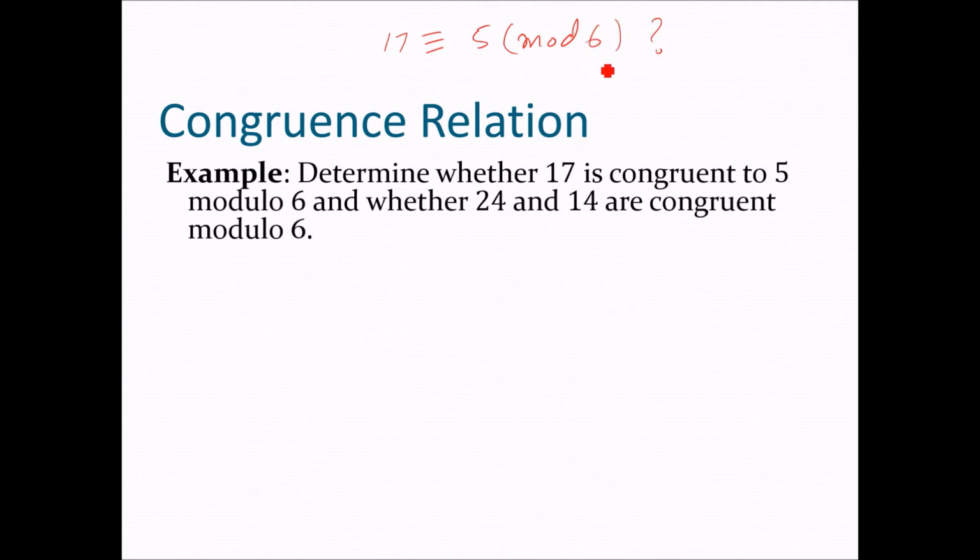Here m is 6, a is 17, b is 5. So this relation holds if 6 divides 17 minus 5. Now what is 17 minus 5? It is equal to 12, and 6 divides 12. So this is true: 17 is congruent to 5 mod 6.